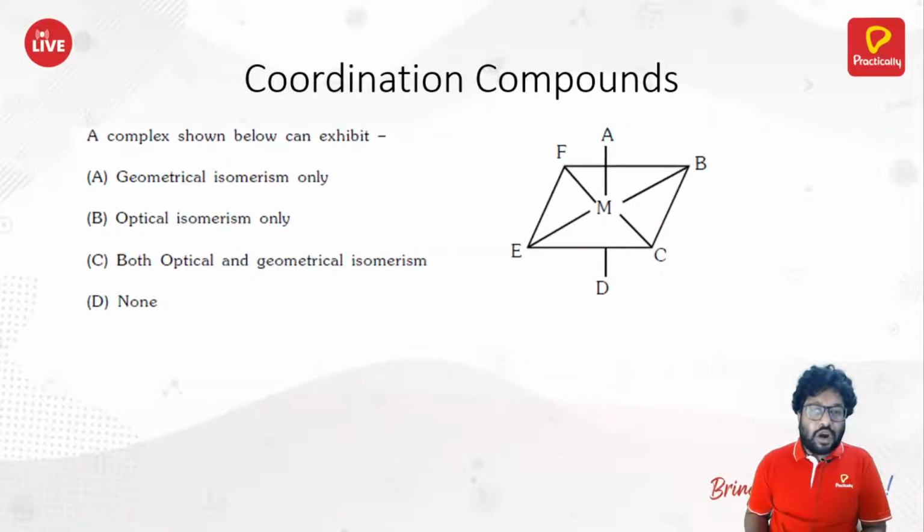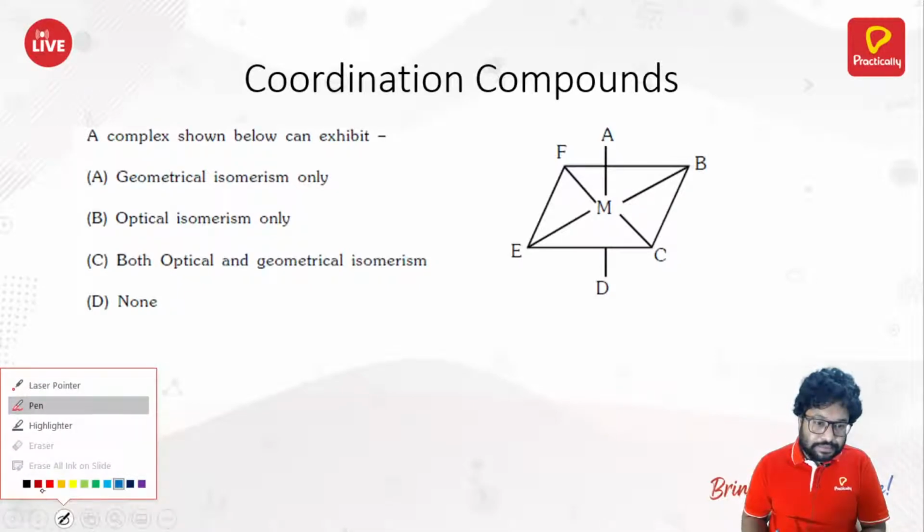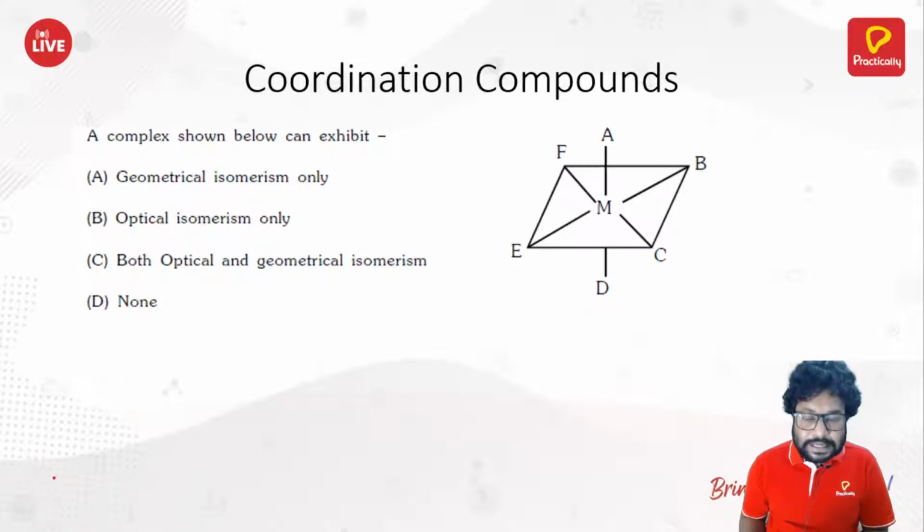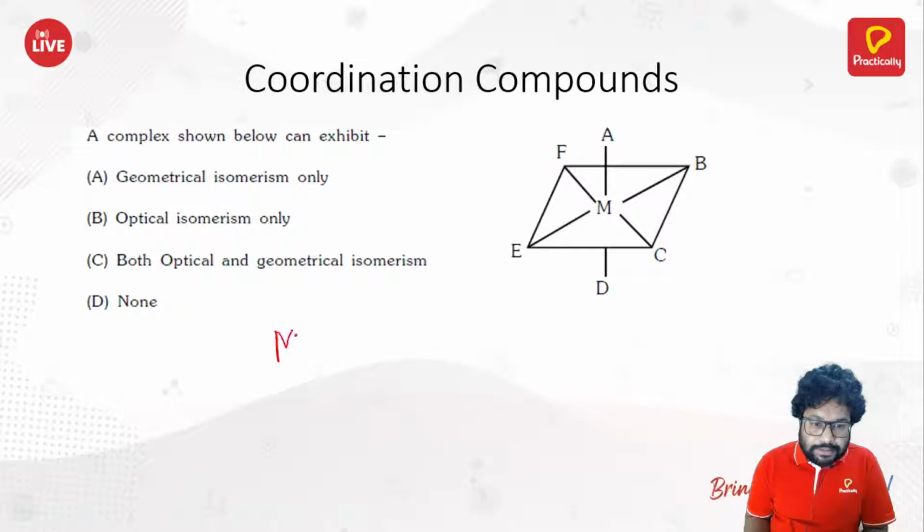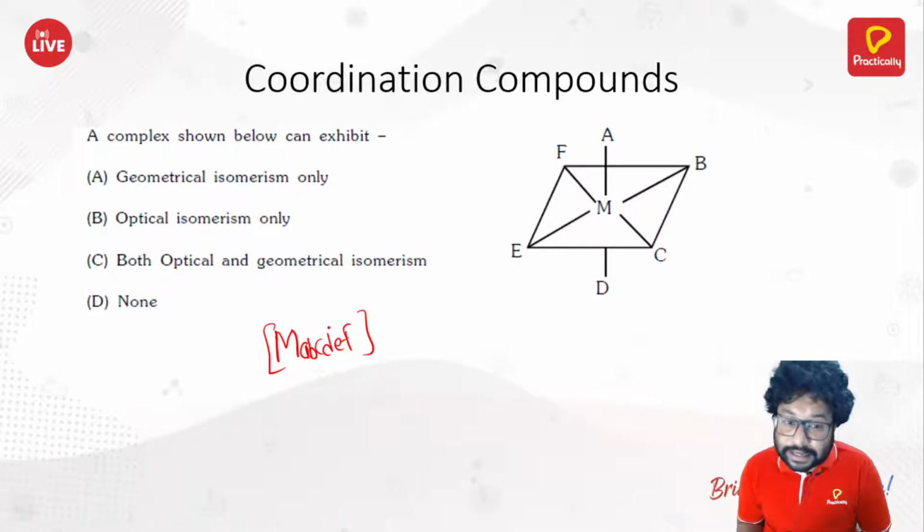Next. A complex shown below can exhibit what kind of isomerism? See, this compound is of the type M(ABCDEF). It is this type of compound. You can see that clearly.